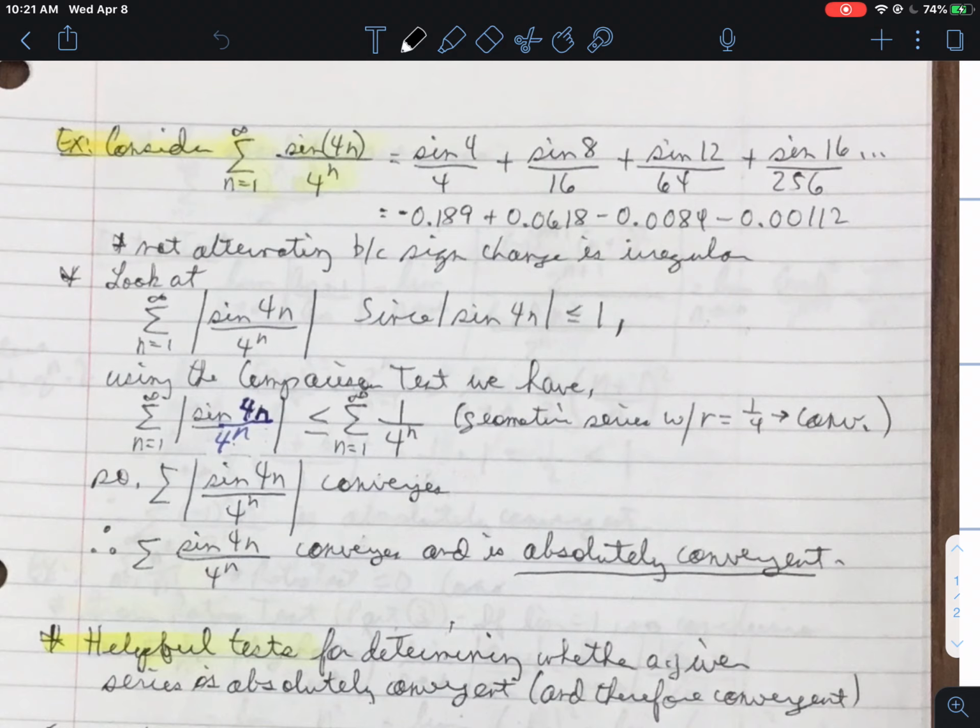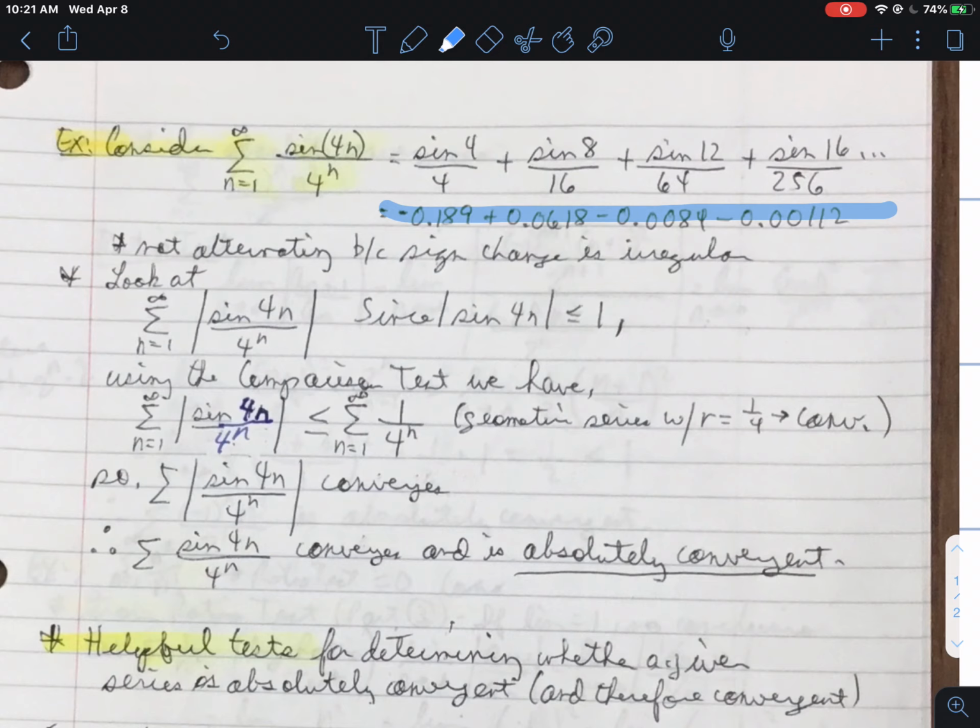For example, now let's consider this series: the sum as n goes from 1 to infinity of sine of 4n over 4 to the n. I've listed out the first few terms of that series: sine of 4 over 4, sine of 8 over 16, sine of 12 over 64, etc., for n equals 1, 2, 3, and so forth. And then I also gave some approximations to give us an idea of what the terms of that series look like.